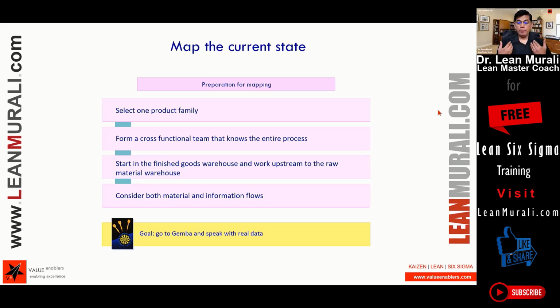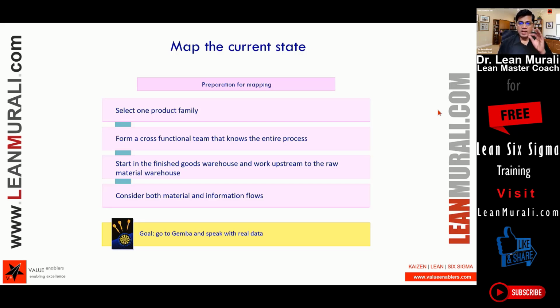So you are moving against the flow of the material so that when the material comes to you, you will be able to capture the data effectively. So these are the two main reasons why we walk upstream and never walk downstream.